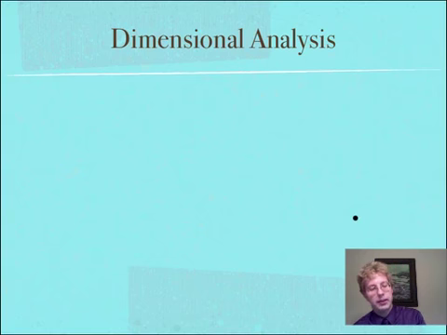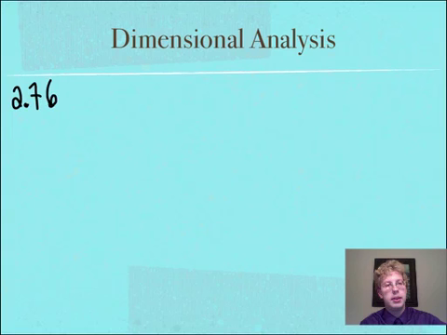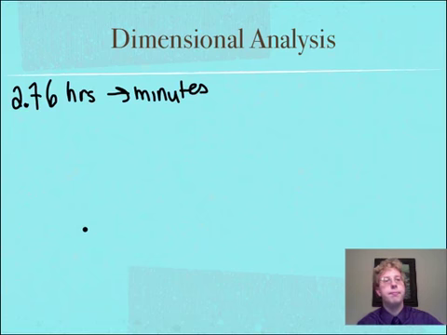And so, for example here, if I wanted to convert 2.76 hours and I wanted to know what this was in minutes, okay, I could set this up in a way that I can use conversion factors that I know in order to determine this.